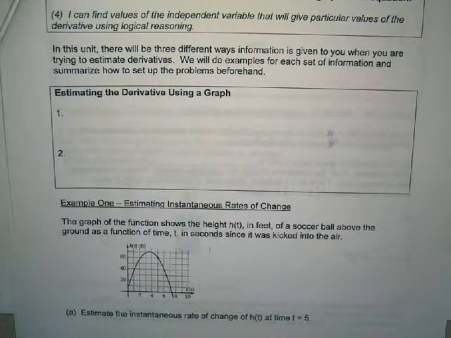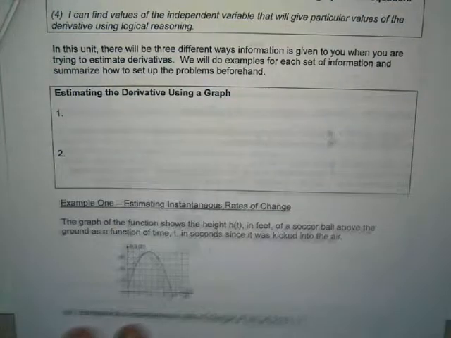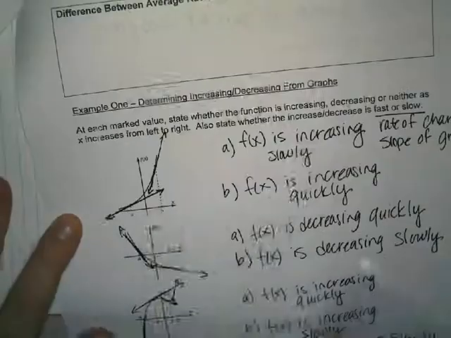Meaning, maybe I should say, or identify, the point I'm talking about is the x value. So if they're saying estimate the derivative at x equals 6, then you're drawing in a tangent line at x equals 6 on the graph.